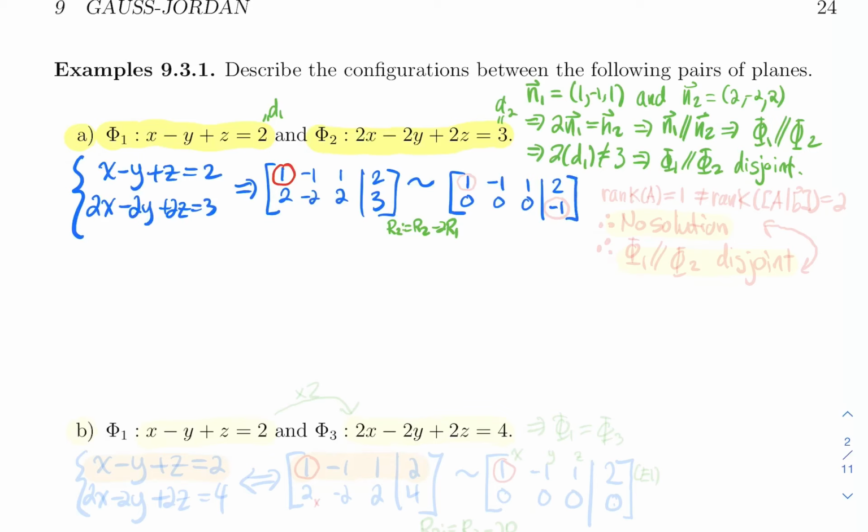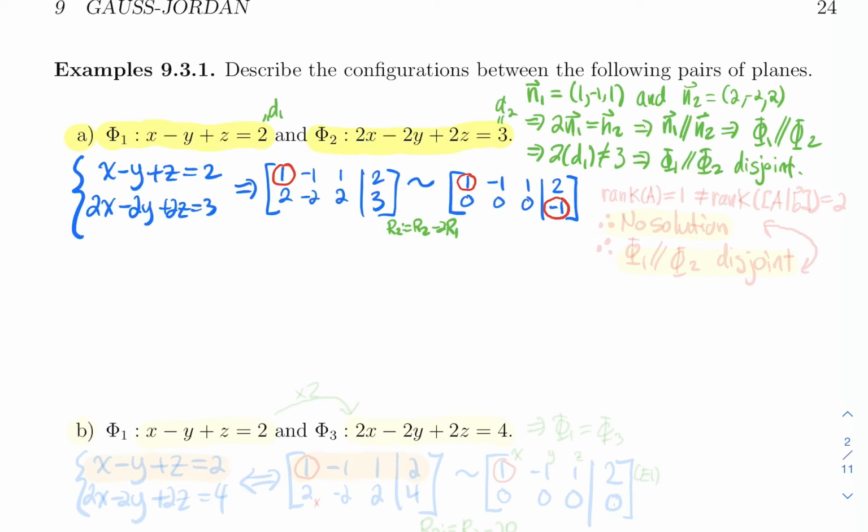At this point, you could stop, and I'll stop here because this is not asking me to put things in row reduced echelon form. The first pivot is on the first row, first column. The second pivot is on the second row, but in the augmented column.